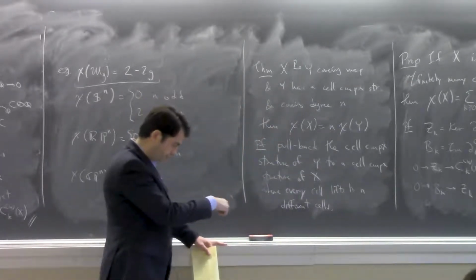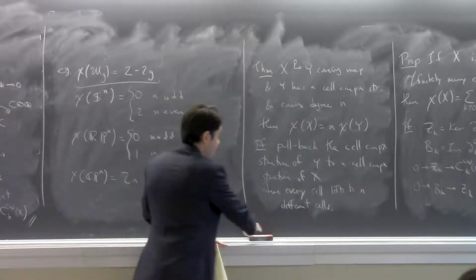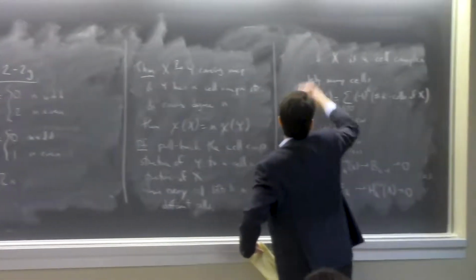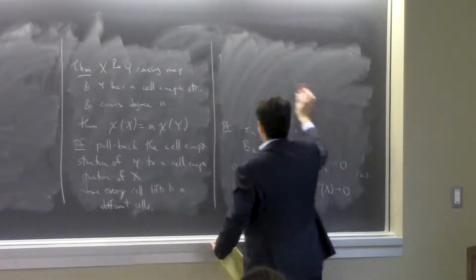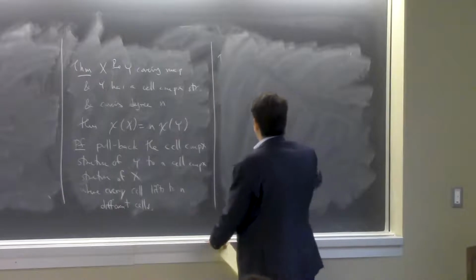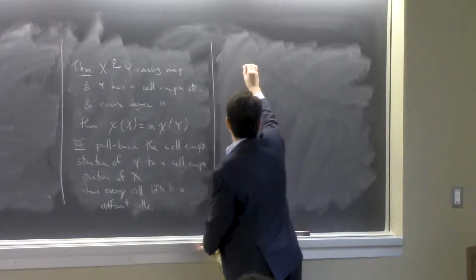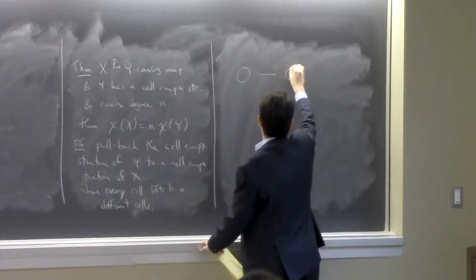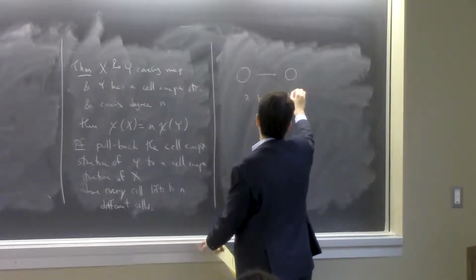So, let's say you had the circle covering the circle by the map z goes to z cubed.